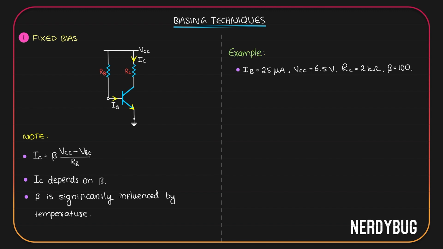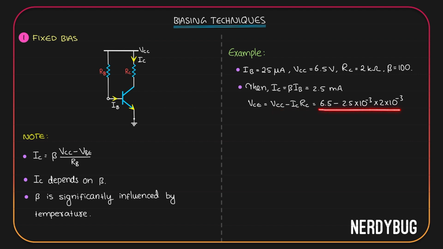I have taken the base current to be 25 microampere, VCC is 6.5 volt, RC is 2 kilo ohm, and beta is 100. I already have the values of IB and beta, so I can find IC. It is beta IB, which is 2.5 milliampere. We know VCE is VCC minus ICRC. Let us substitute all the values.